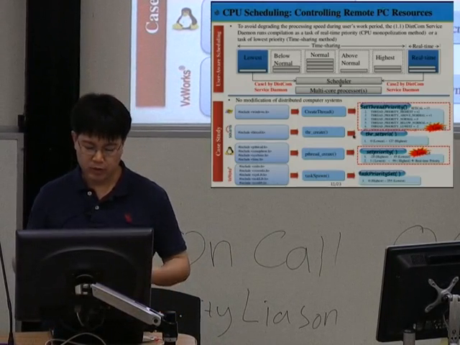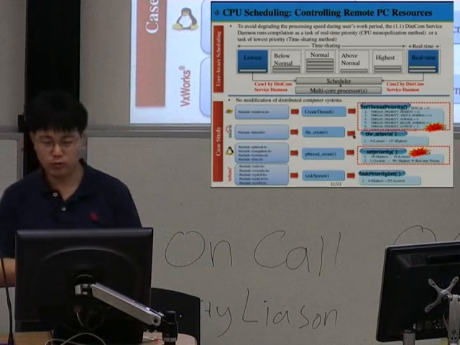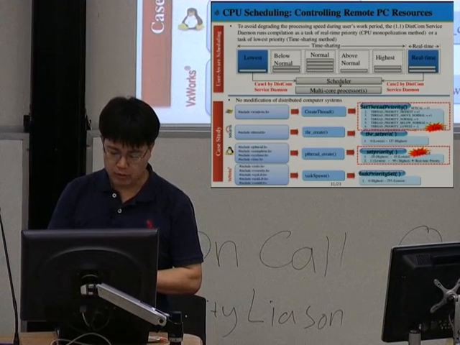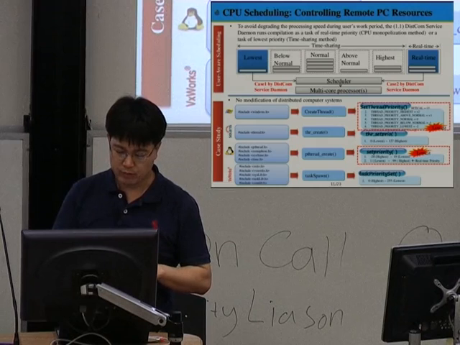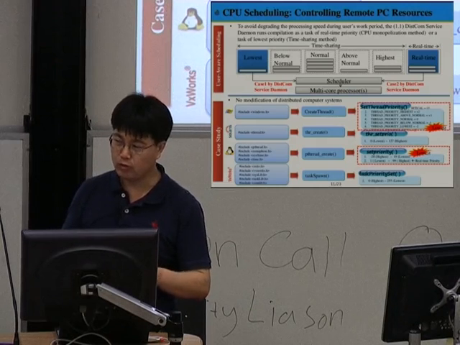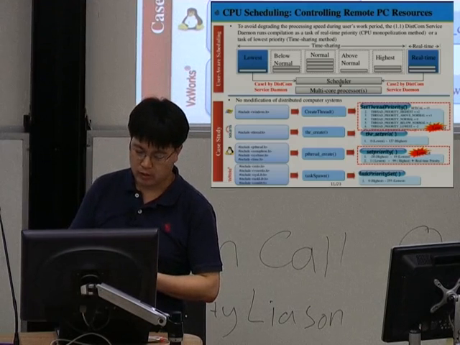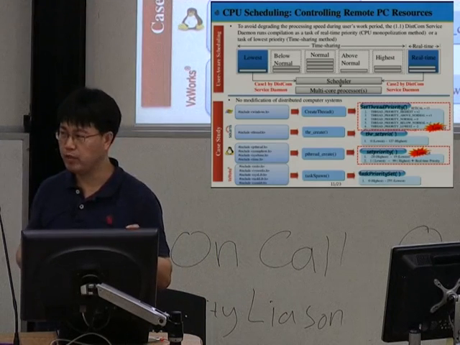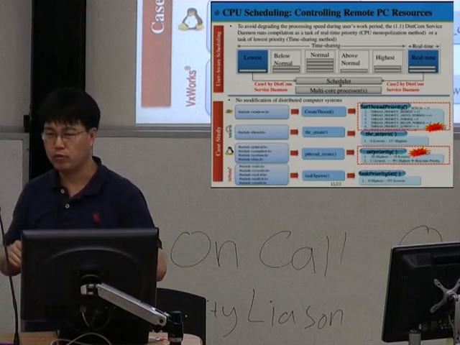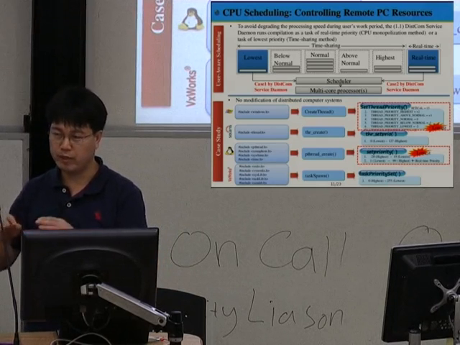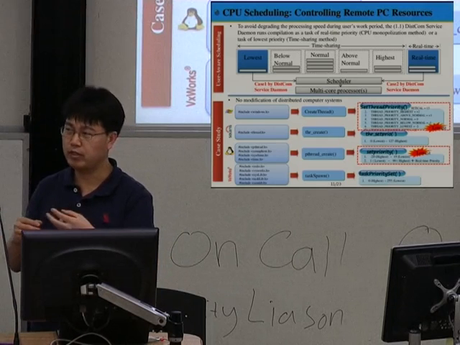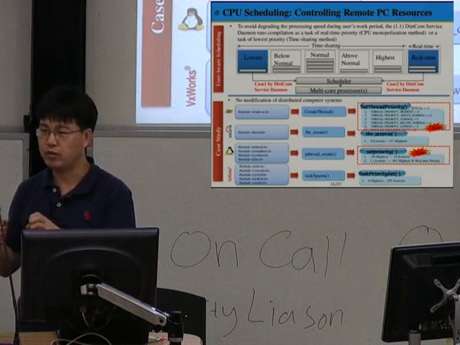From our experience, we could utilize the existing platforms like Windows and Linux, as I mentioned, because fortunately these two operating systems support two different scheduling methods, like the real-time priority and the time-sharing method.